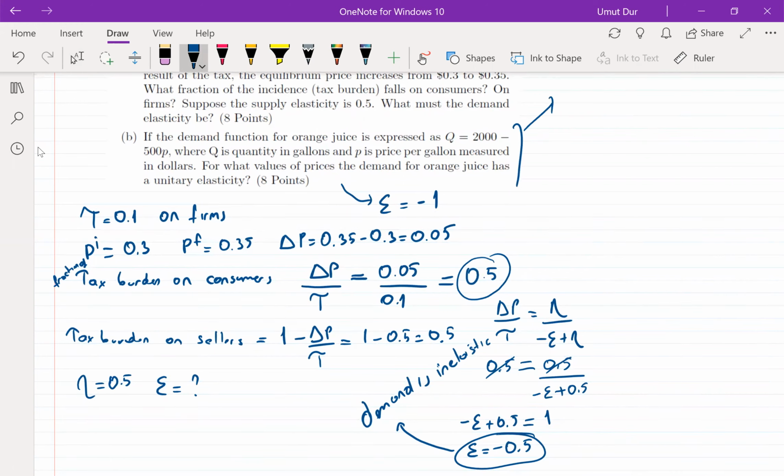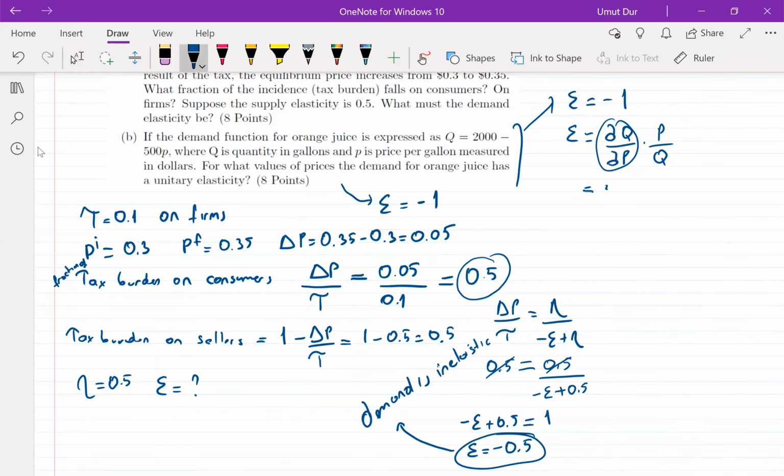So we would like to have epsilon equal to minus 1. So what was epsilon? Epsilon is dQ over dP times P over Q. I'm just taking the derivative of this demand function with respect to price.